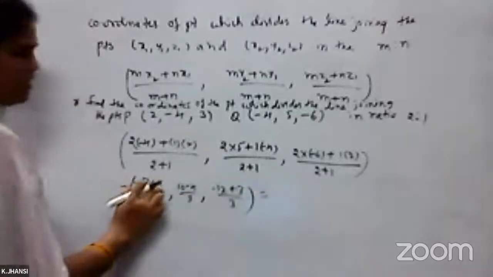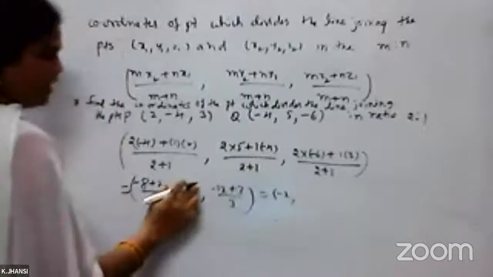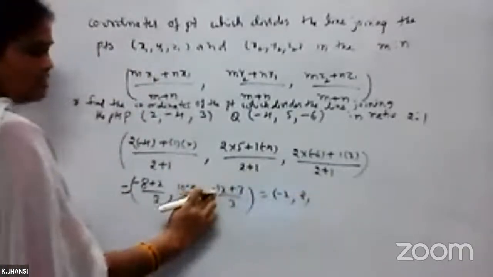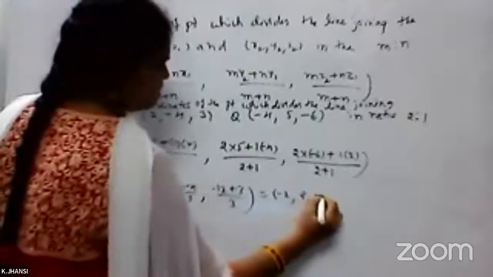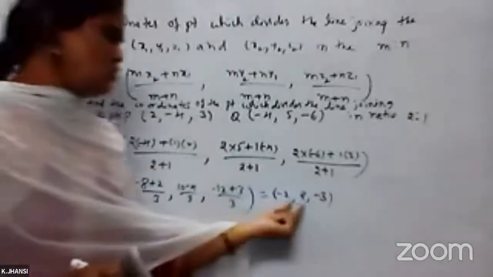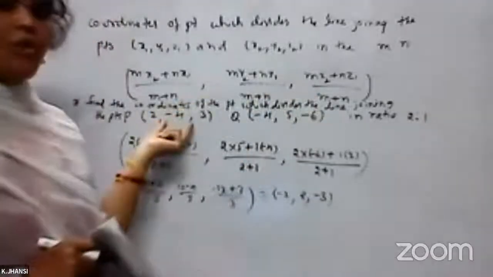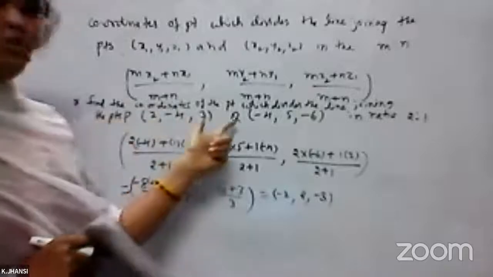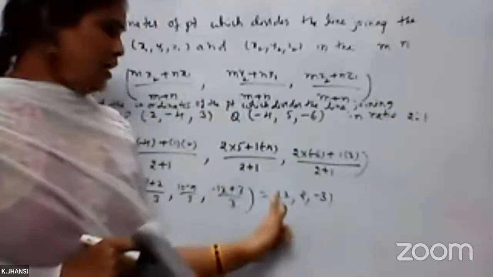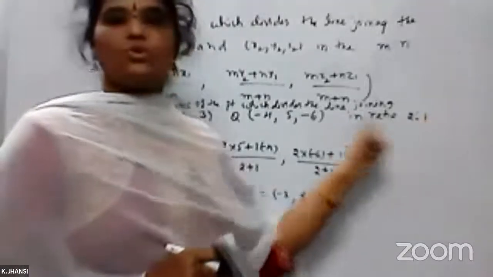So here it is -6, -6 by 3 means -2. 10 minus 4 is 6, 6 by 3 means 2 you will get. And this is -9, -9 by 3 means -3 you will get. So the point (-2, 2, -3) divides the line joining the points P and Q in the ratio 2:1.